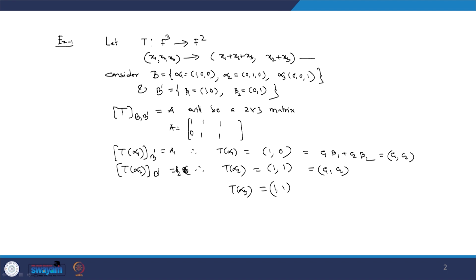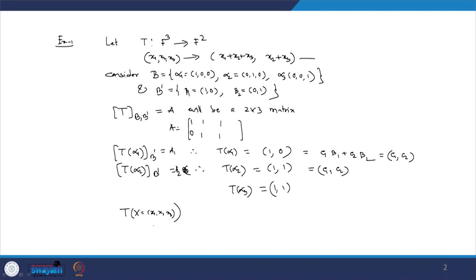So, then can I express with the help of A the linear transformation T for this case? To define T, I have to take T of any say capital X which is equal to (x1, x2, x3).